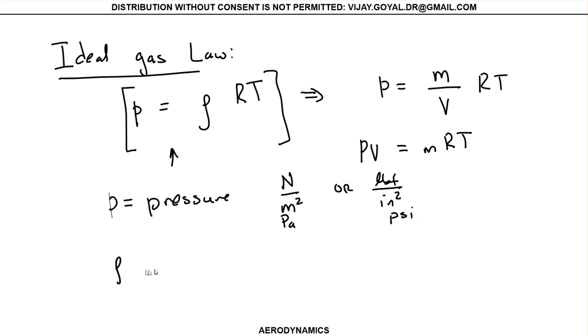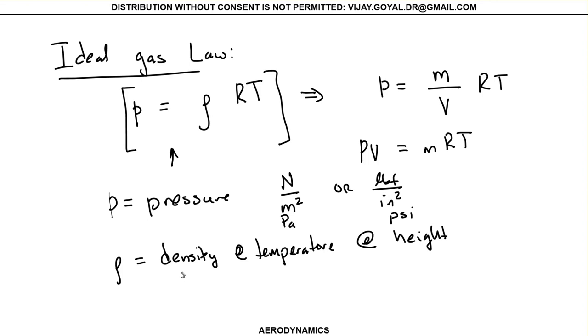Rho is the density of the gas, the density at the temperature and at the height. We will talk about that in a minute.